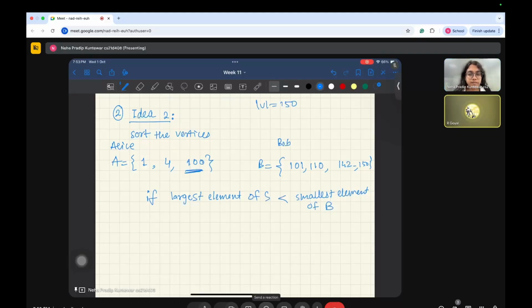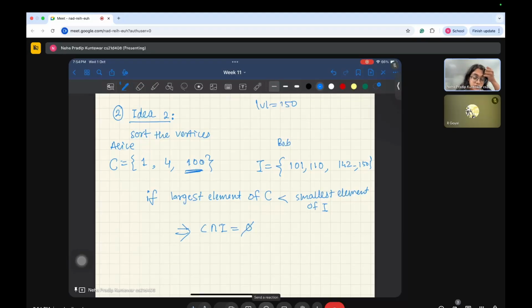That would mean that nothing is common, and then A intersection B, or C intersection I in our case, is equal to phi. Exactly. I should call this C and I actually.